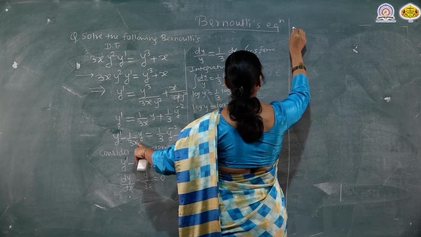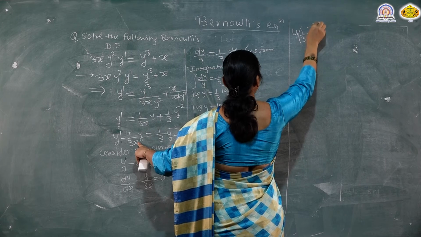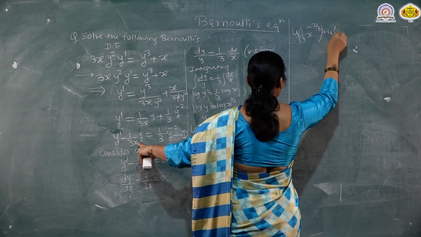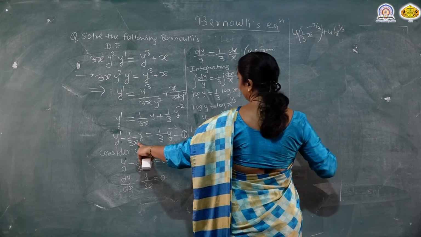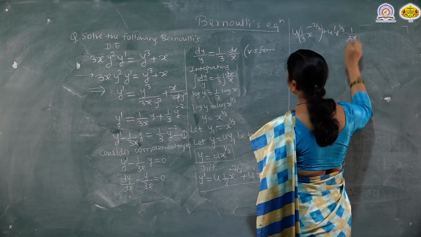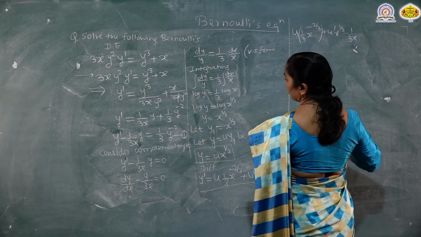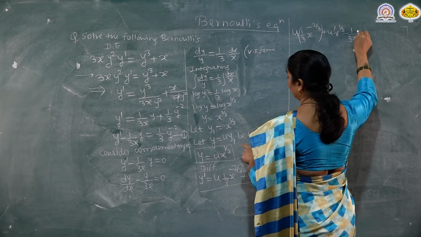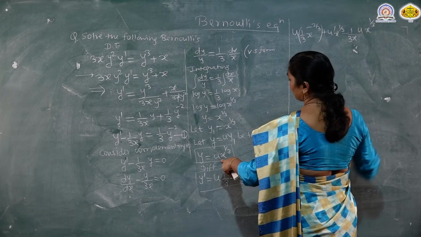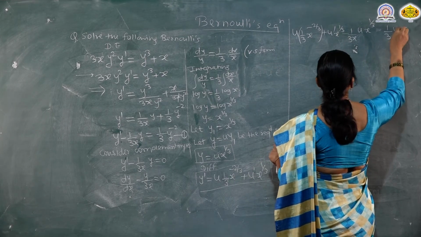So y dash is nothing but u into 1 by 3 x raised to minus 2 by 3 plus u dash x raised to 1 by 3, that is the value of y dash, minus 1 upon 3x into y. y is nothing but u into x raised to 1 by 3 is equal to 1 upon 3 y raised to minus 2.